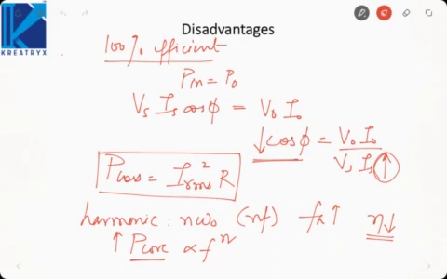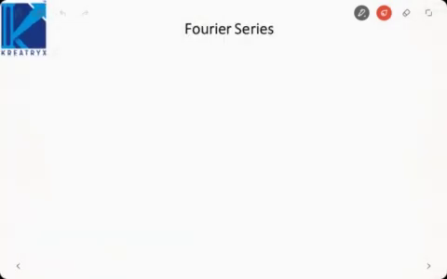Now, when we start the study of power electronics, the first thing that we need to understand is Fourier series, because here a lot of waveforms will be encountered which will be non-sinusoidal, and to analyze the behavior of any converter, we will need to extract the harmonics, for which we need to extract the Fourier series.